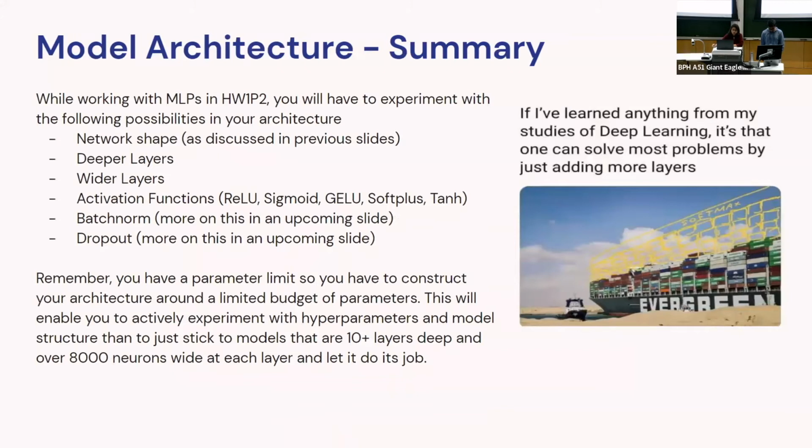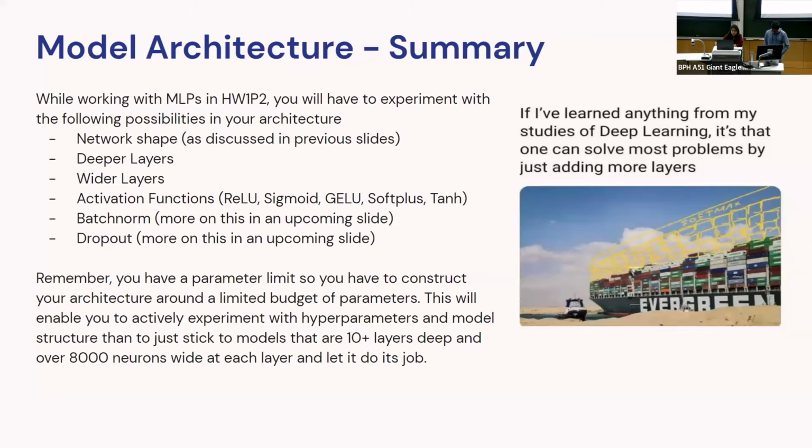So while you're working on your homework P2, you have to experiment with various possibilities in your architecture. The network shapes, like I said, you can use the pyramid, diamond, inverse pyramid, and other shapes that are available through papers. And then you can experiment with deeper layers. You can also experiment with wider layers.